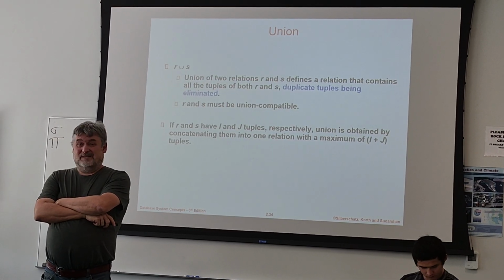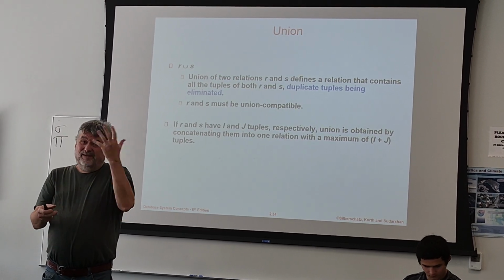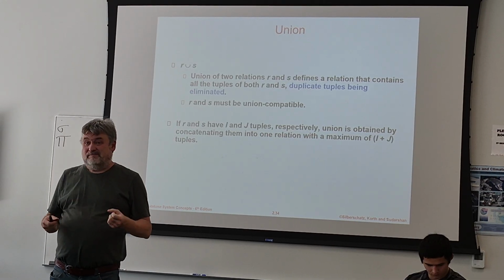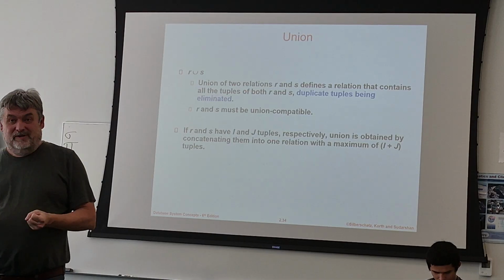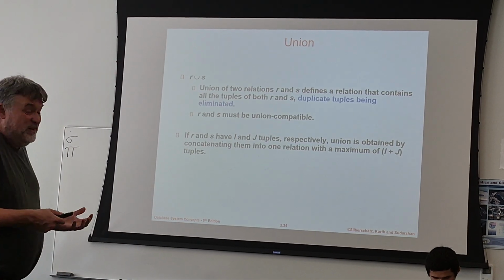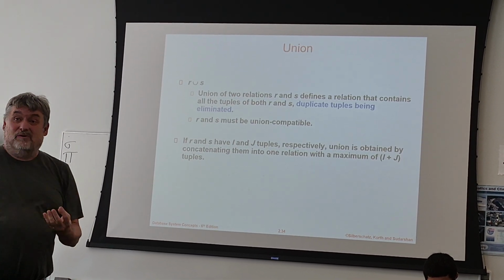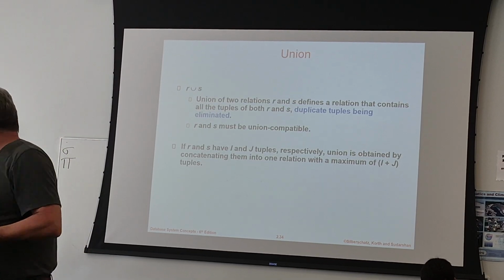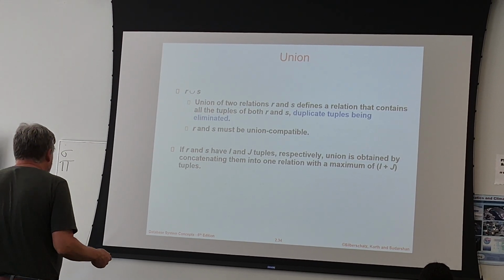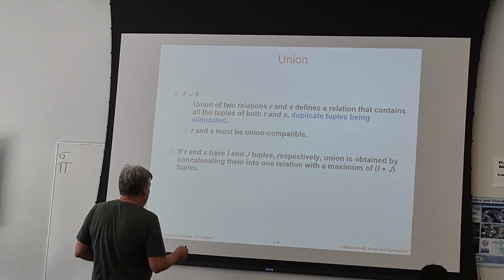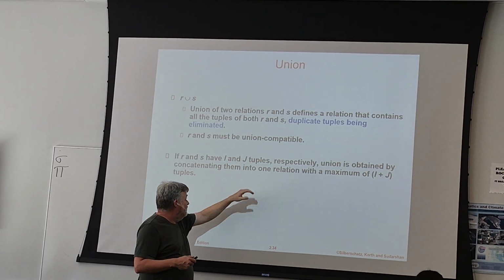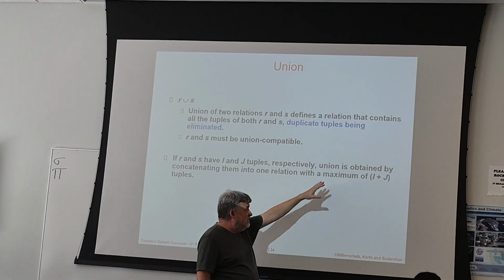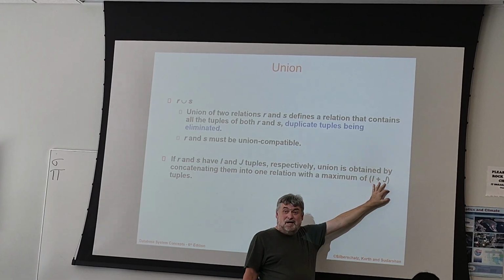Because of mathematical set theory, some of them might be deleted if they end up being duplicate tuples. If you end up having two rows that are indistinguishable from each other, because you filtered out the primary key that would have individuated them. You would expect that if you were concatenating two tables together, one table has I rows and the other has J rows, the resulting table probably has I plus J rows.